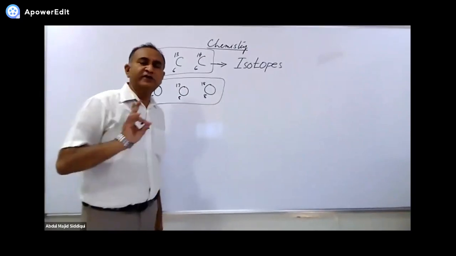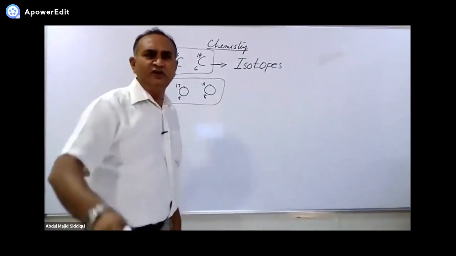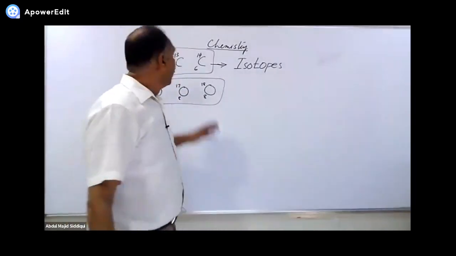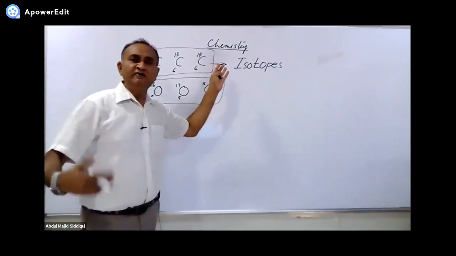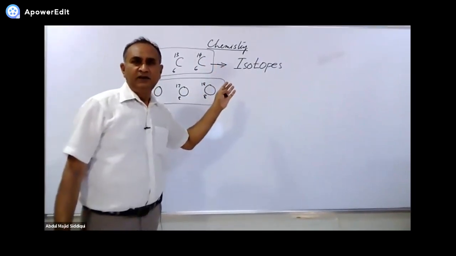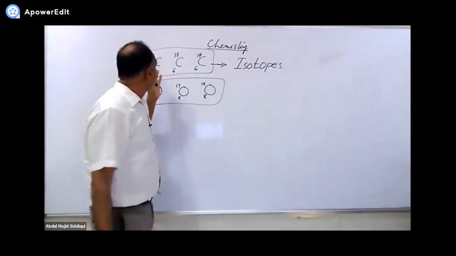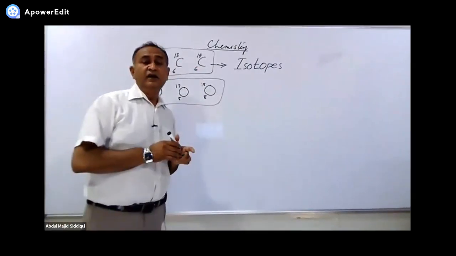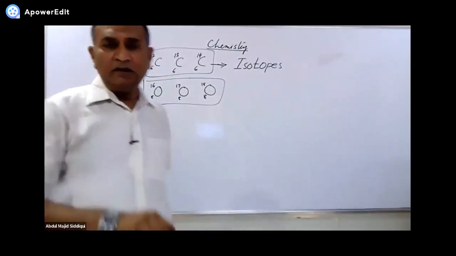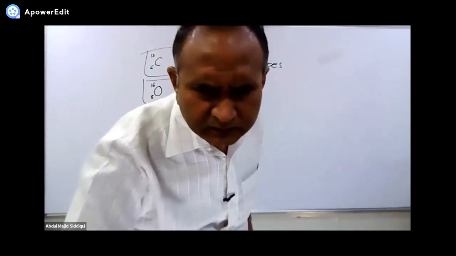So what is the point to be noted here? That point number 2 of John Dalton's theory should be corrected. Atoms of a single element are not 100% identical, like we have seen that they have differences in their masses. All right. Now, point number 3.